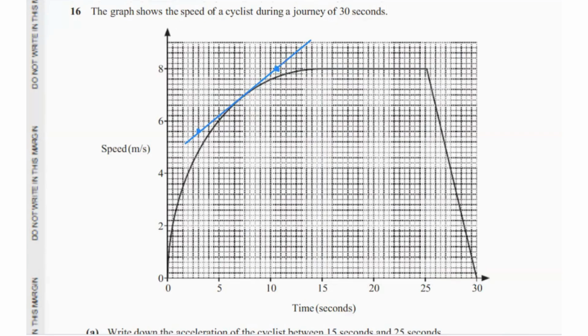So the coordinates for this point are 8 and 10. And this one is this and this.